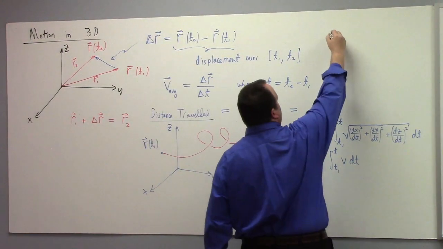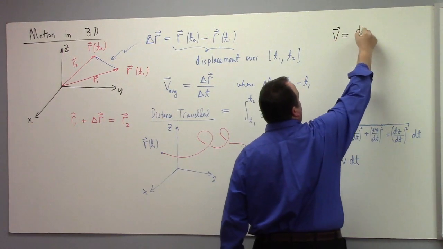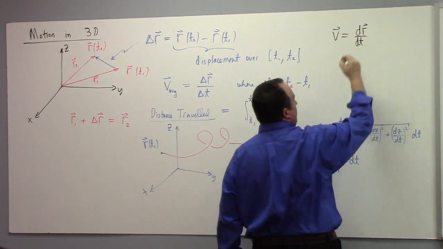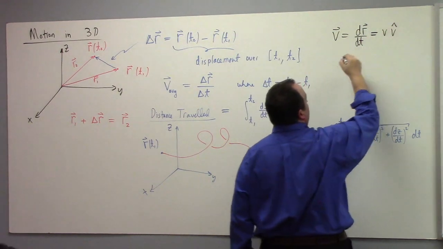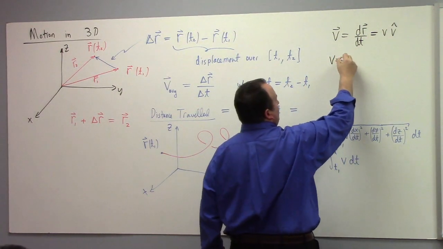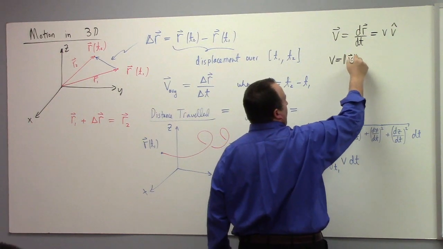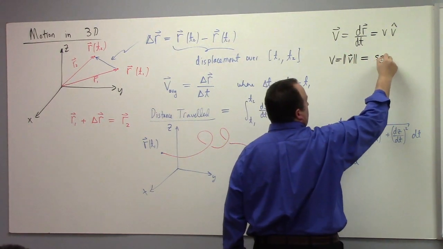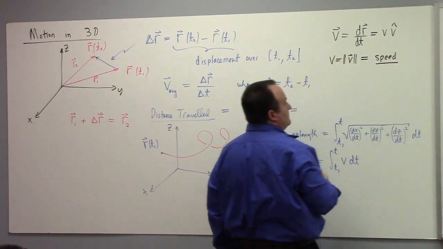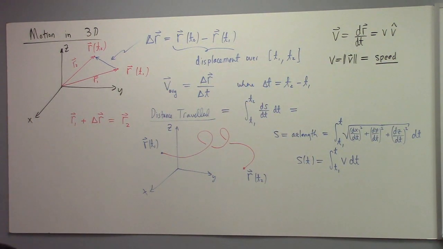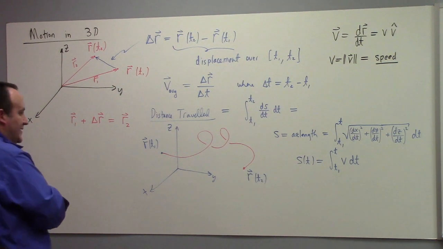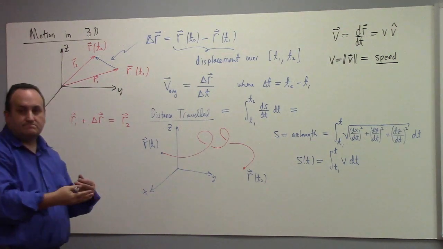Last time I told you velocity was dr/dt, so that's also going to be equal to v hat. Here v, the magnitude of the velocity, is by definition the speed. The speed is the magnitude of the velocity. I'm making a definition. But if you integrate the speed over time, it gives you the arc length.